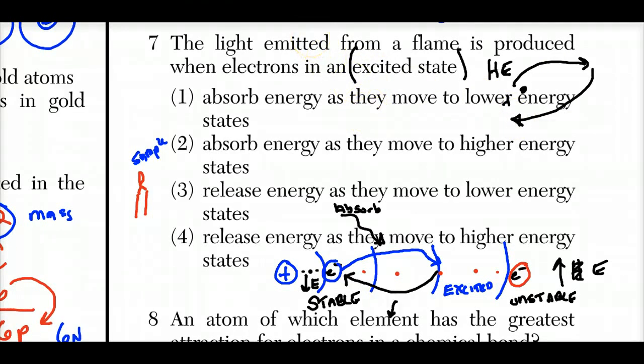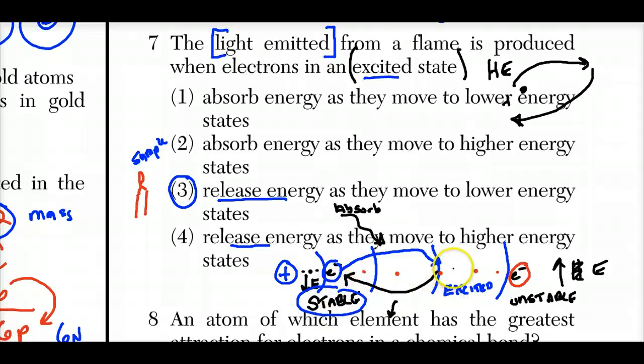Because think about it. If you didn't follow everything, light emitted means you gave off energy. So excited means you have high energy. So you're jumping back, you're releasing energy, and they move to lower energy states. So clearly, electrons are leaping from this high energy excited state back to a low energy state. Stable means low energy.